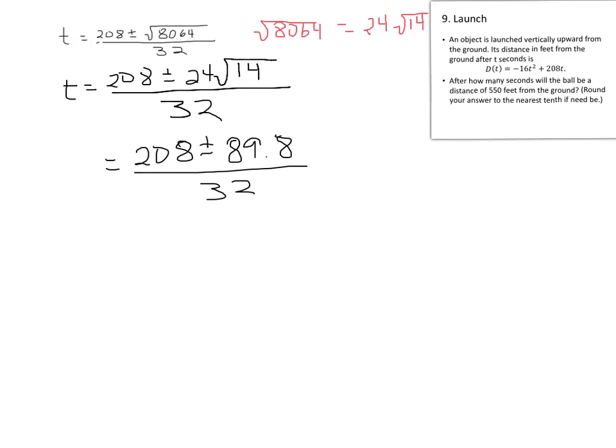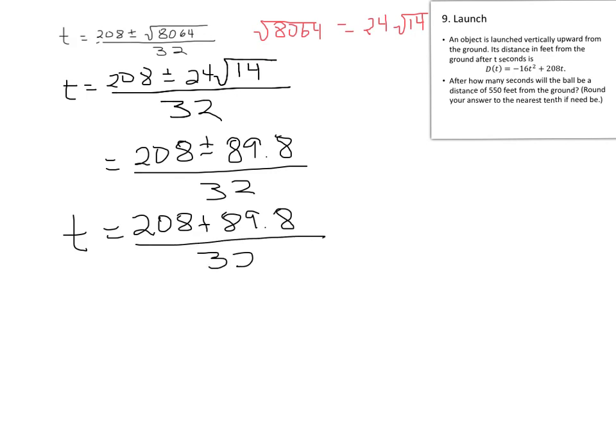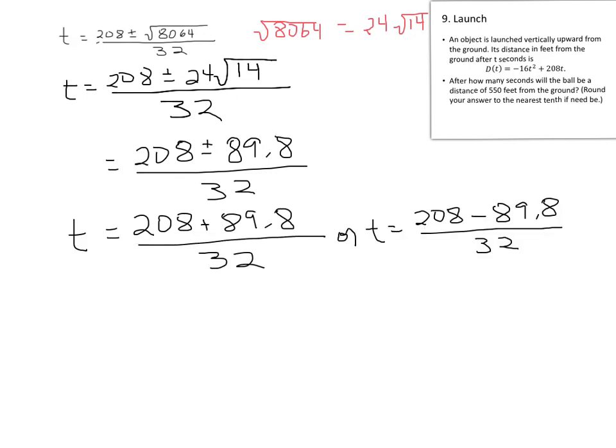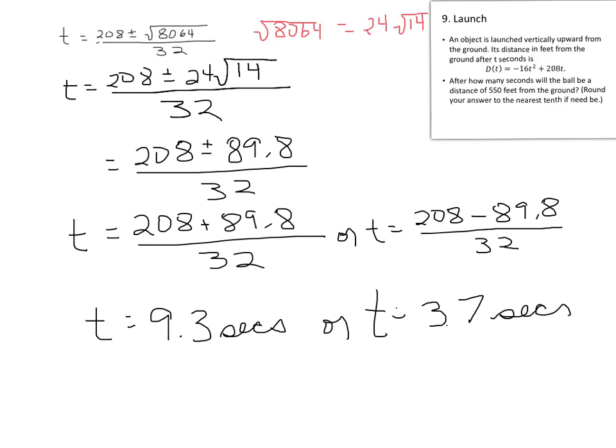So let's say t equals 208 plus 89.8 over 32, or, so when you do that calculation, you get t equals 9.3 seconds, or t equals 3.69375, which rounds to 3.7 seconds. And that's the end of part 1. Now go on to part 2.